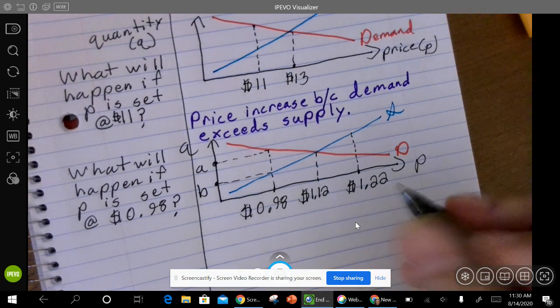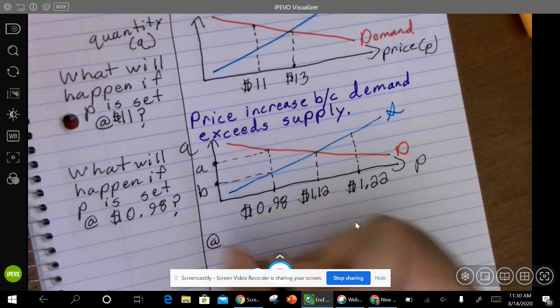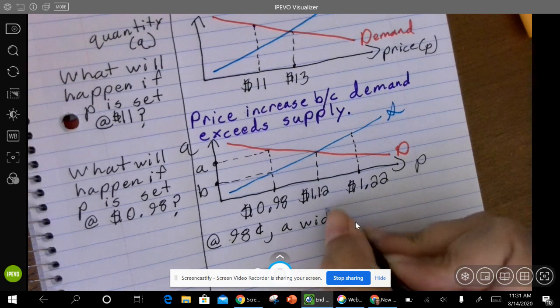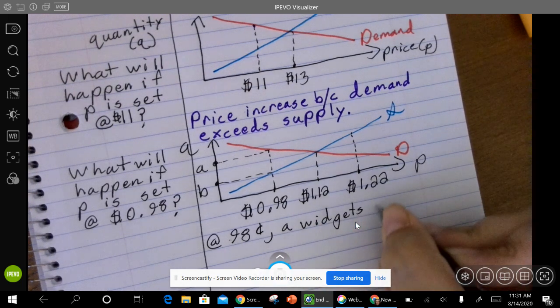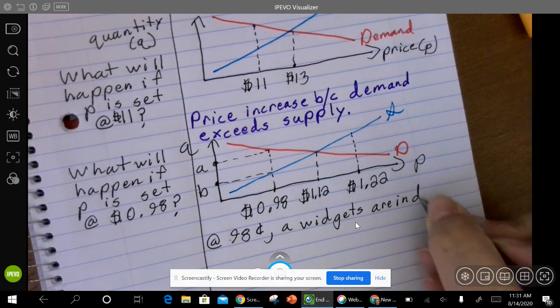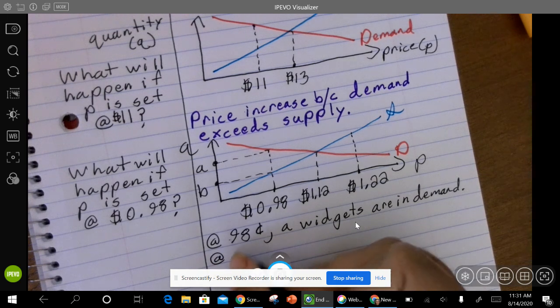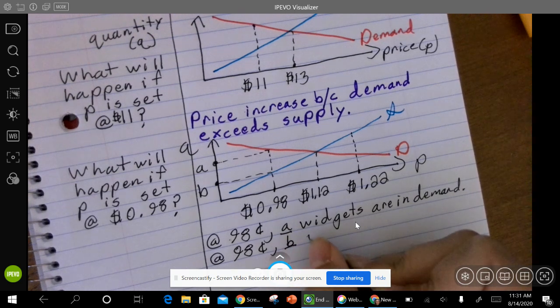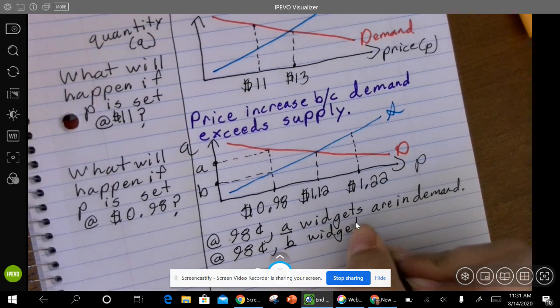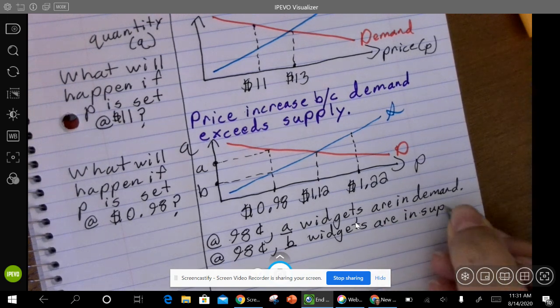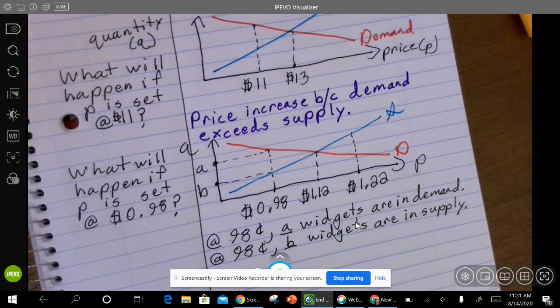Okay, so at 98 cents, A widgets are in demand. And at 98 cents, B widgets are in supply. So that's how many they have. Let's say it's gum, like extra gum. Okay.